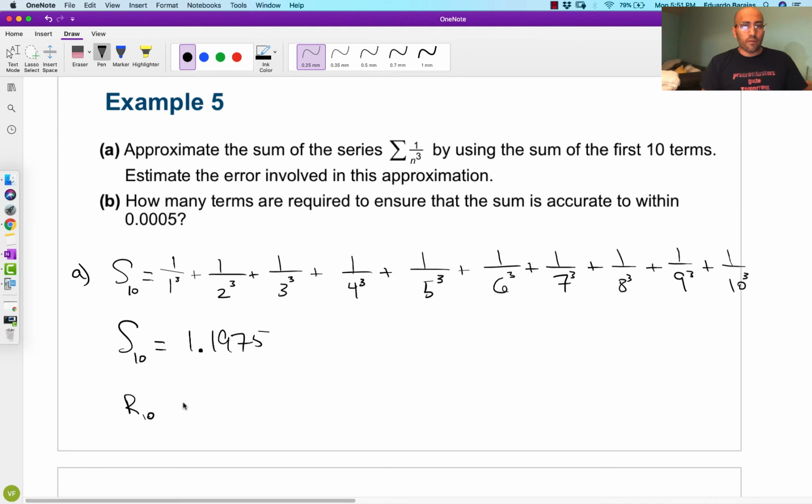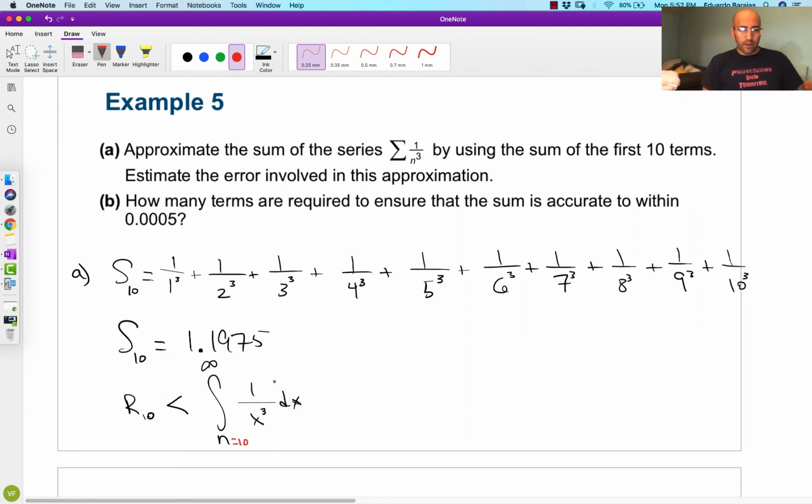From before we saw that R of 10 is definitely less than the integral from n to infinity of our function, which is 1 over x cubed dx, where n is equal to 10 in our case.